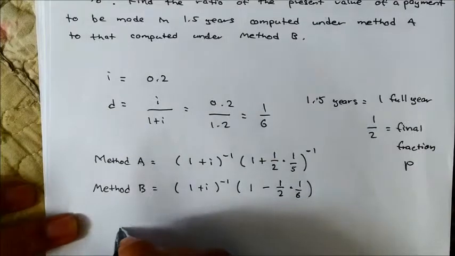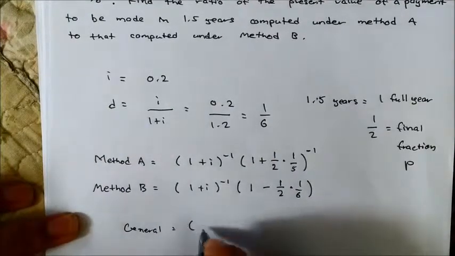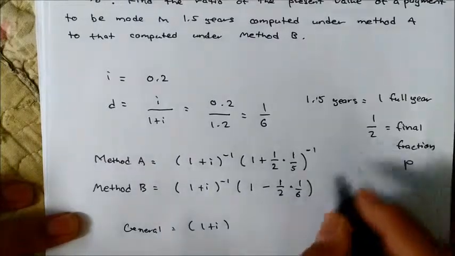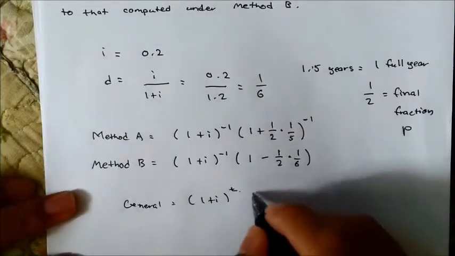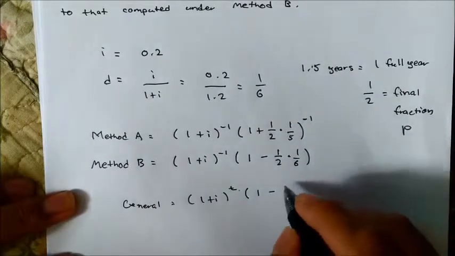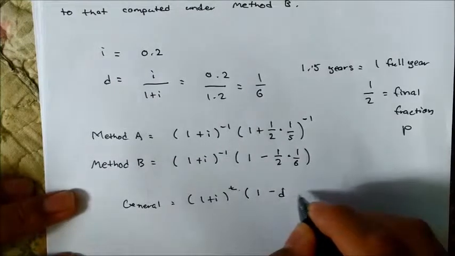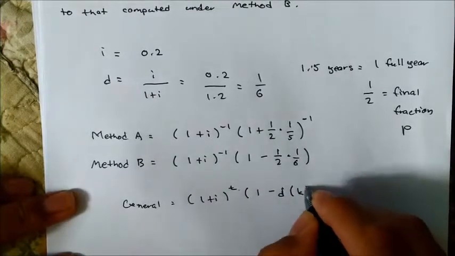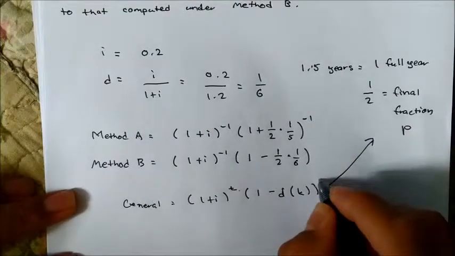Therefore, the general formula is actually (1 plus i) to the power of t, where t is the full year, times (1 minus d, sorry, 1 minus discount times k), where k is actually the final fractional period here, to the power of negative t.